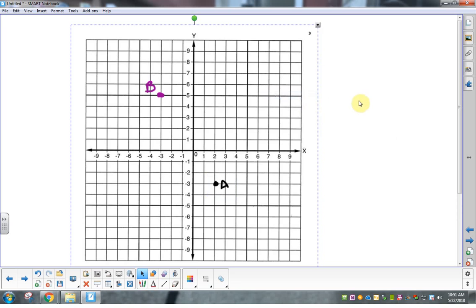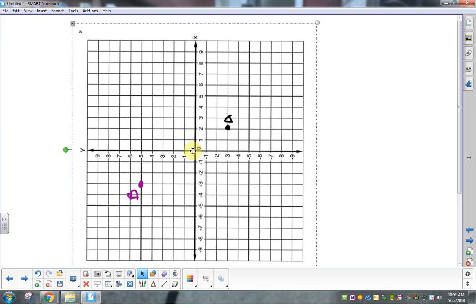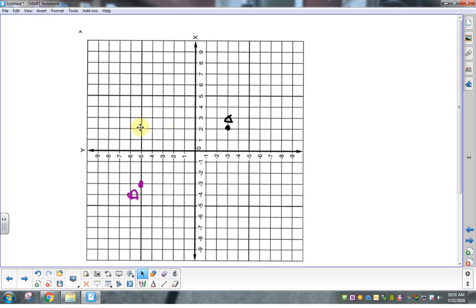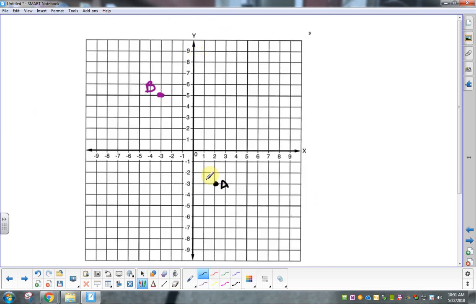You're still going to turn it 90 degrees like before. Instead of counting from 0, you're going to count from A. So from A, I'm left 8 and I'm down 5. So when I flip it back over, from A, I'm going to go left 8, 1, 2, 3, 4, 5, 6, 7, 8, and down 5.